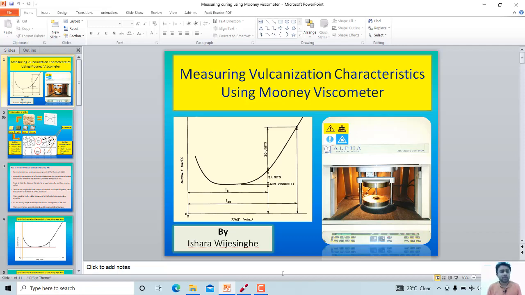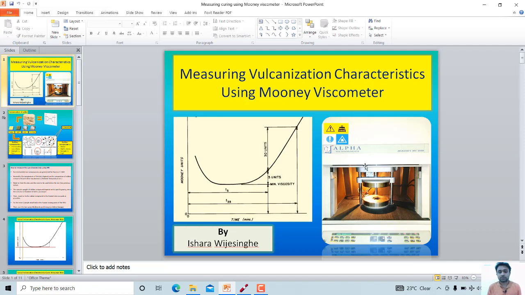So today I came up with a new lesson as an extension to the previous lesson on Mooney viscosity and stress relaxation. Today I want to discuss with you how to measure the vulcanization characteristics of rubber compounds which contain sulfur and accelerators using the Mooney viscometer.